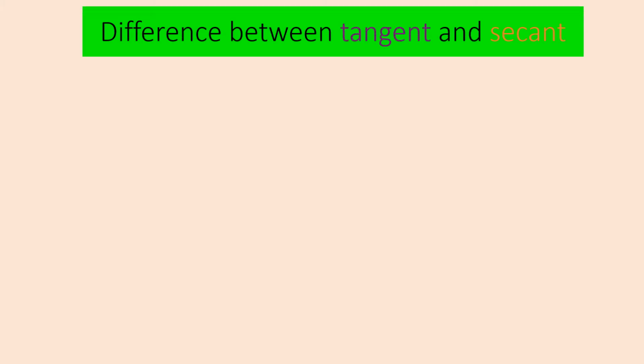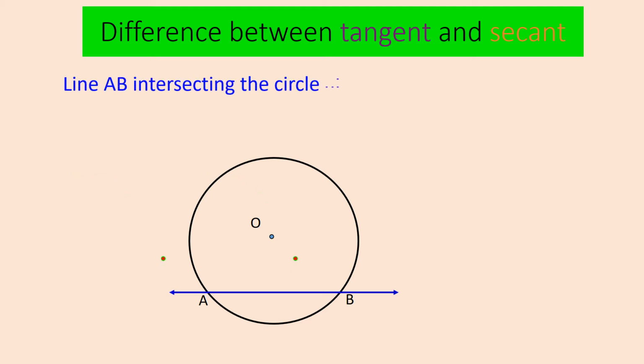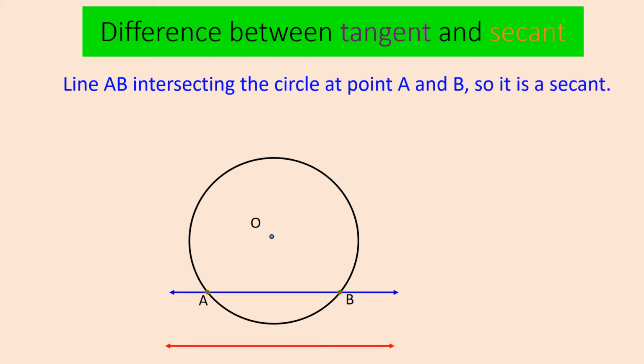Next part, the difference between tangent and secant. We will draw together and see here. The circle with center O, here are points A and B, so we can have a line passing through them which is known as a secant. As you have seen, the line intersects the circle at 2 points, so it is called a secant.